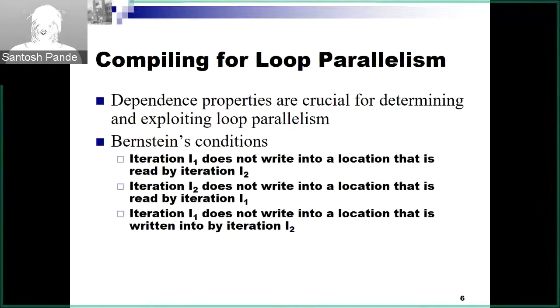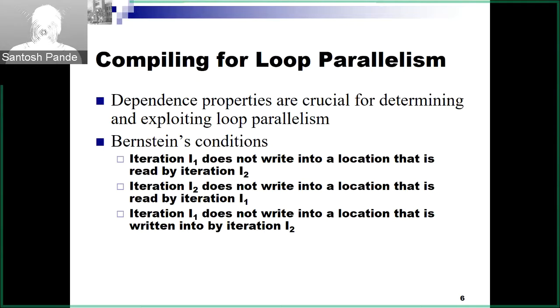So I1 should not write into a location that is read by iteration I2, because if it does, then we will be violating the flow dependence. The original intent is that I1 occurs first and writes into that location, and then that location is read by I2. So the write followed by read condition is there in the original code, but it is now violated because we are going to execute I1 and I2 in parallel.